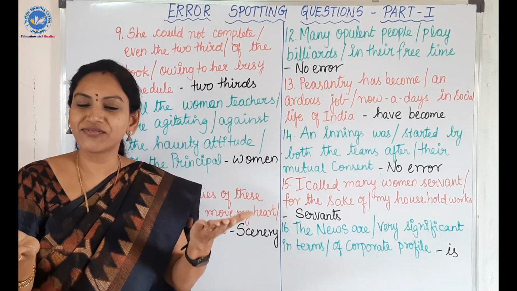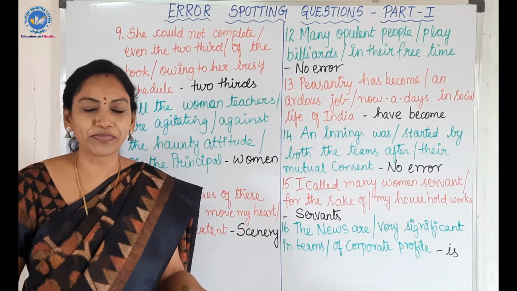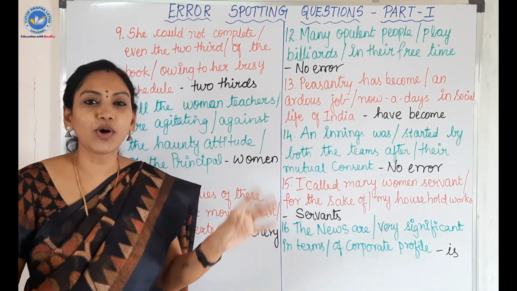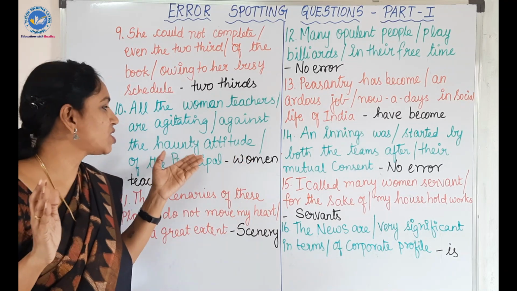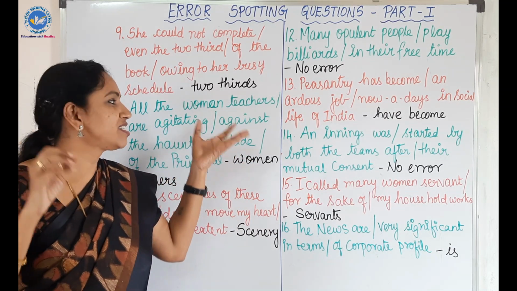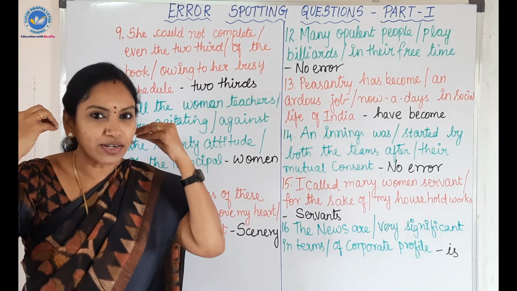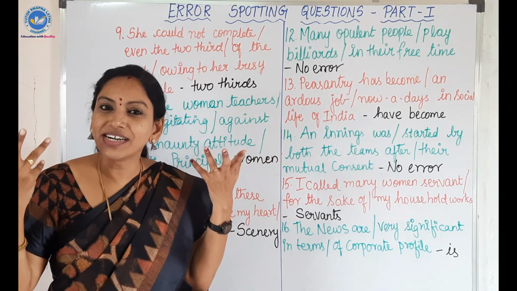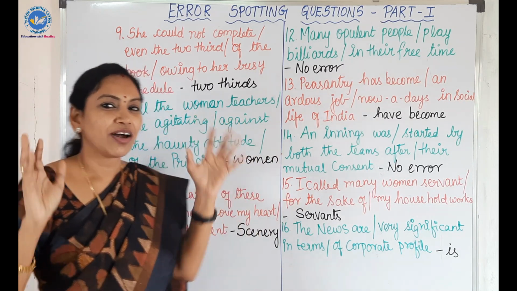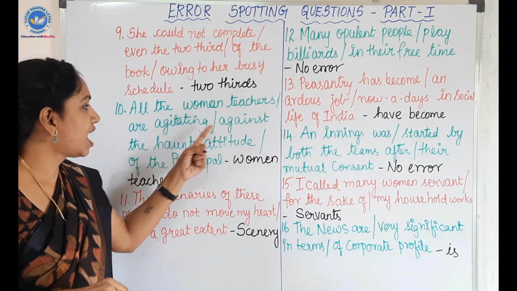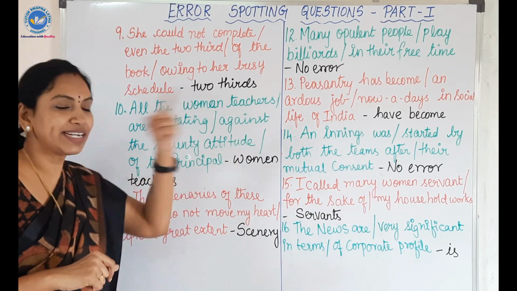We normally get fear of our household people. We normally get fear of our boss. That's unavoidable, isn't it? So here, who is the boss? The principal. So the teachers are always shivering, because they don't know what rules he will bring in. Every day is one new beginning for them. Okay, so are agitating, shivering against the haughty attitude.